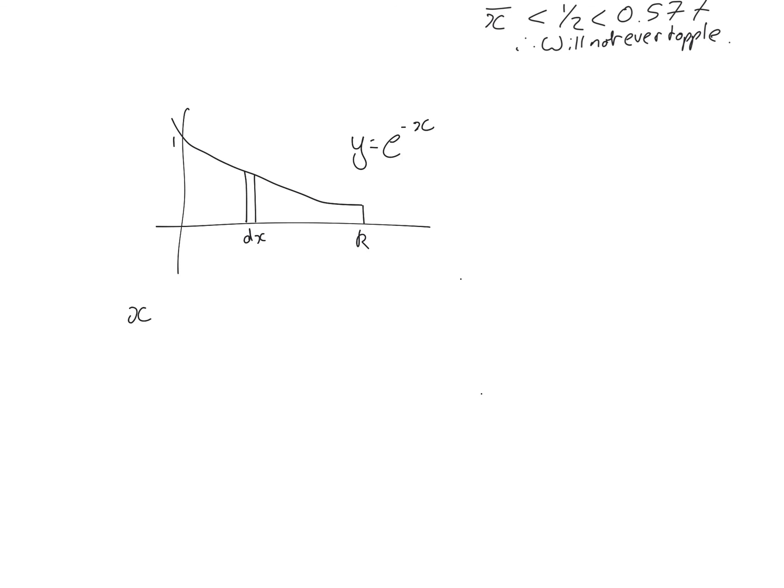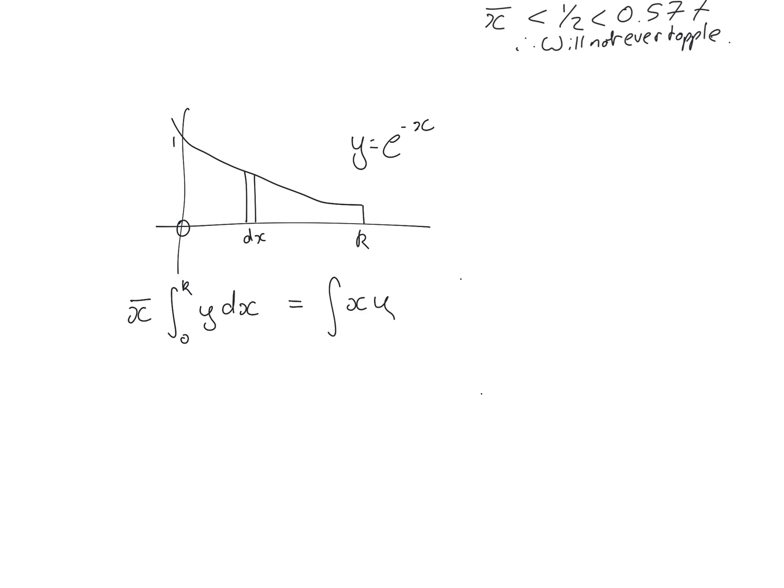So x bar times the area, which is the integral between 0 and k of y dx, area is y dx, just add up all those rectangles, equals the x bar of all of those individually.